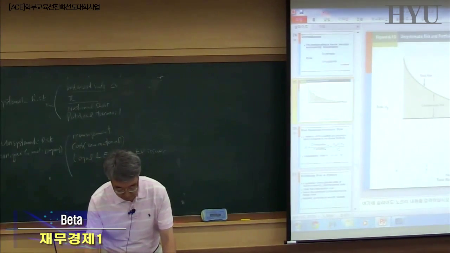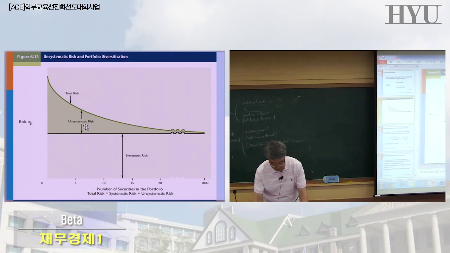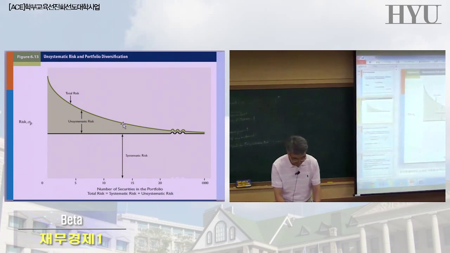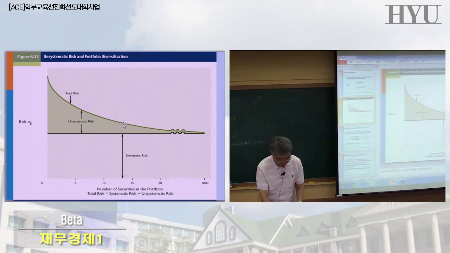So the unsystematic risk is something you can reduce by diversifying, right? Instead of putting all your money in one stock, if you invest in many different stocks or many different industries, right? So as the number of securities in the portfolio increases, this unsystematic risk goes down, right? So the total risk goes down. Okay? That's the idea of systematic and unsystematic risk.